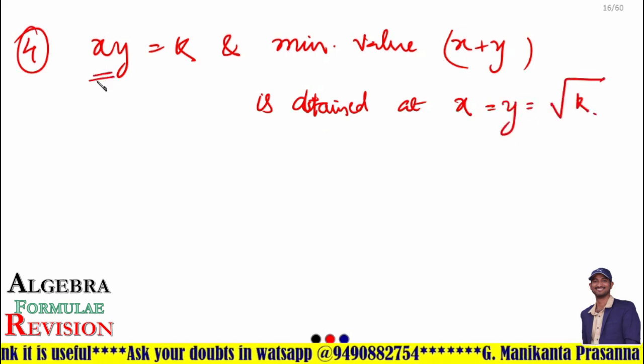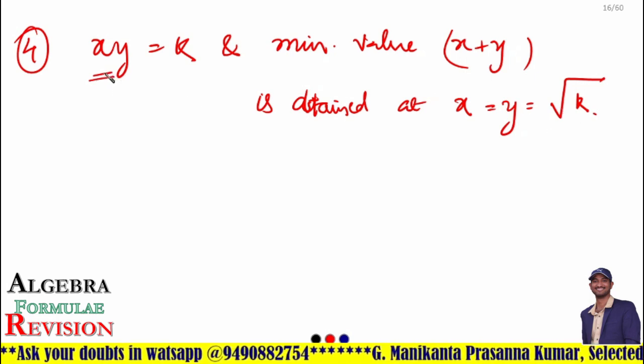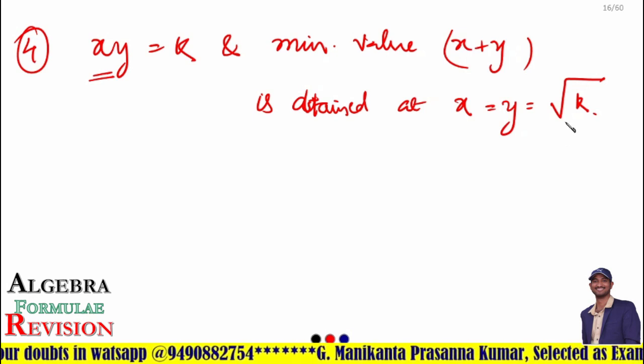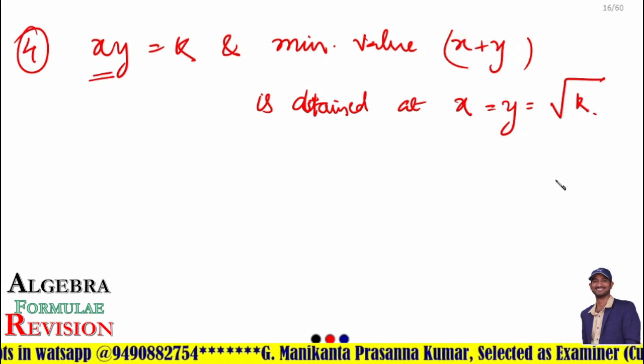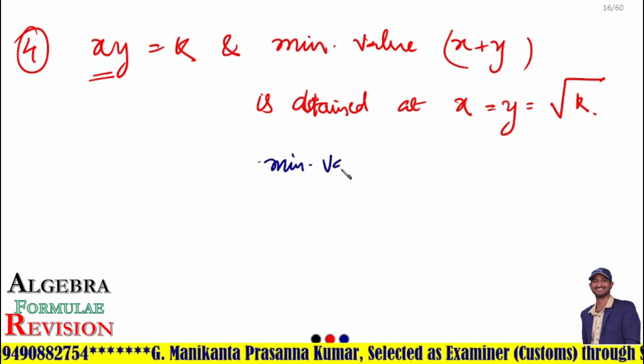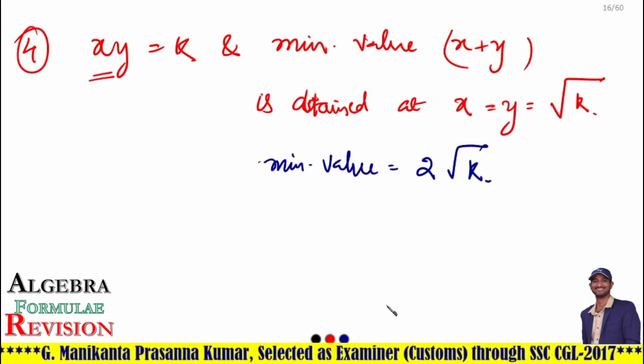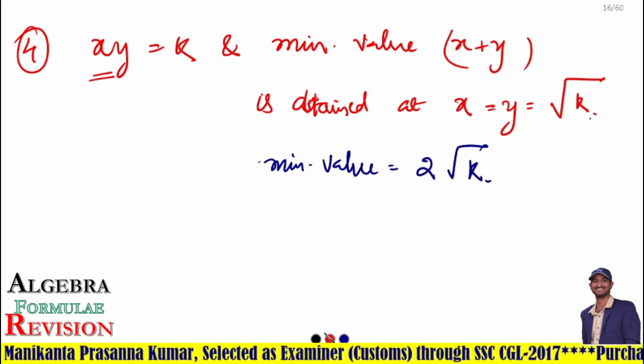Since only two variables are there, you have to take the square root. If 3 variables are given, then you have to take the cube root. If 4 variables are there, you have to take the fourth root. And the minimum value is 2 times the square root of k, because root k plus root k.